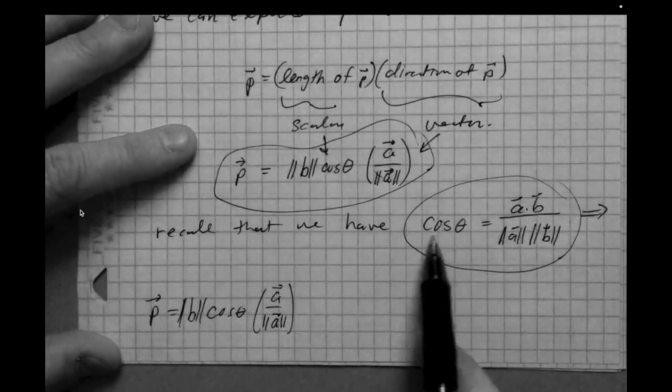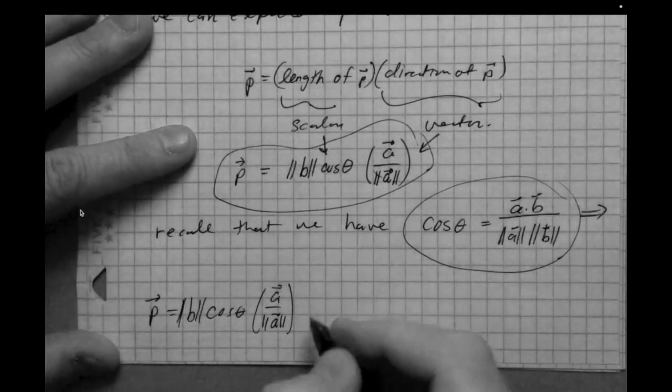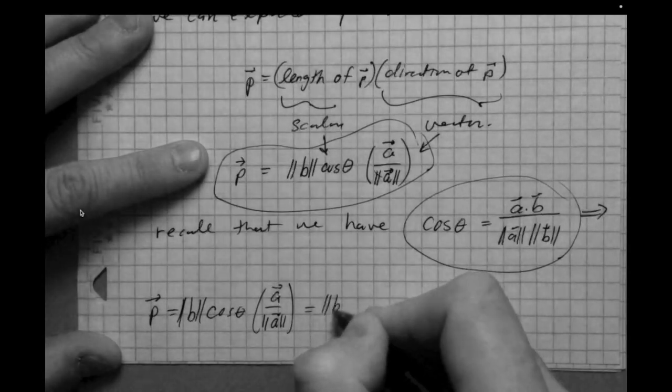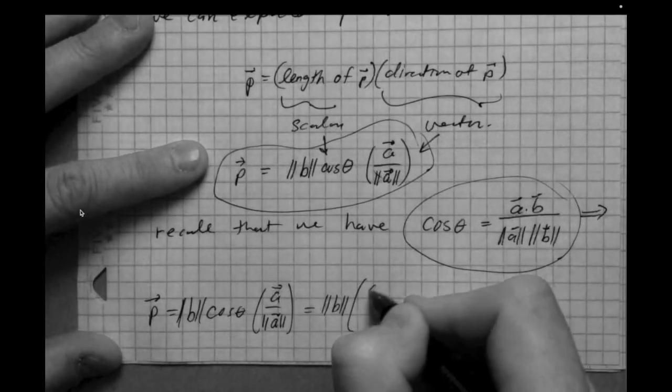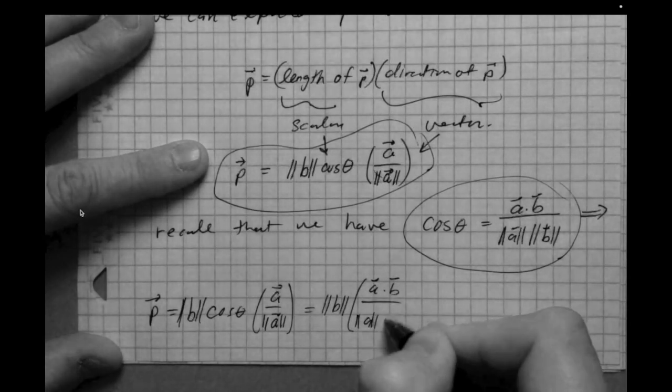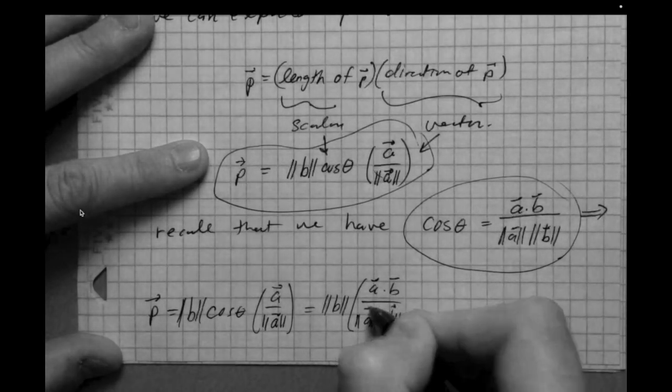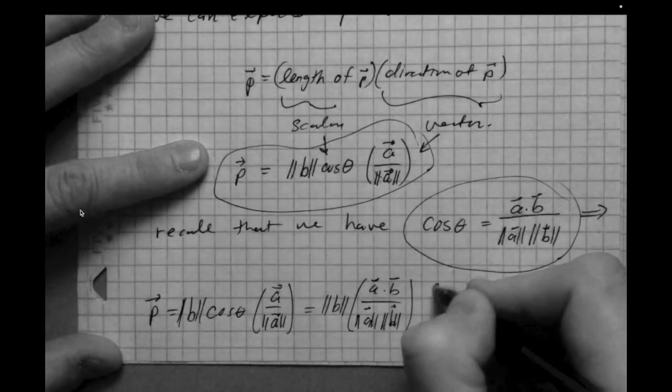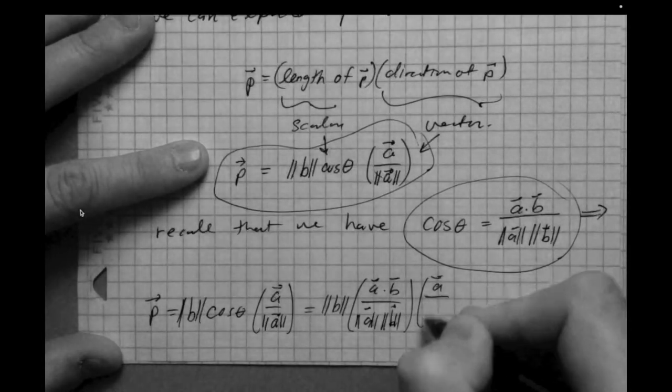Now, cosine of theta is just this, so we can plug that in, and then times A over its norm.